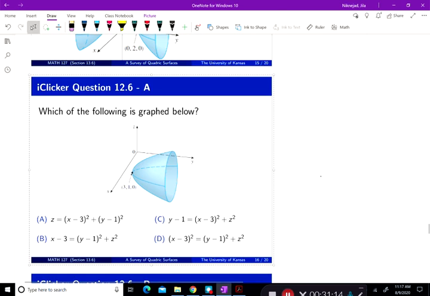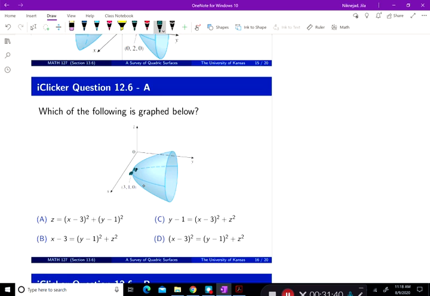So what I see is the paraboloid, and the vertex of the paraboloid is at (3, 1, 0).